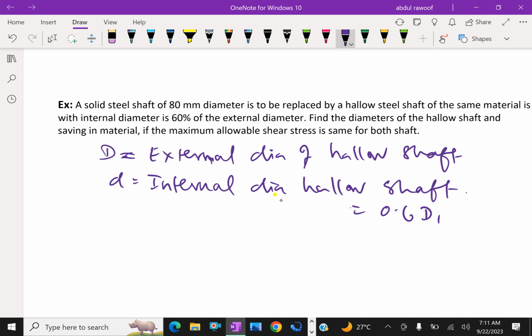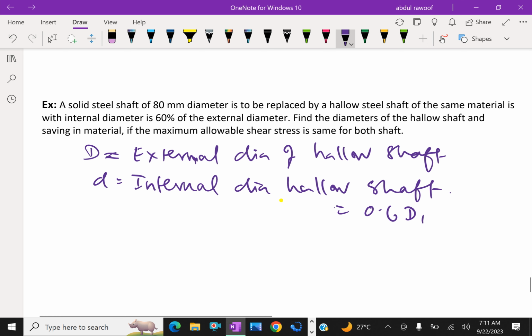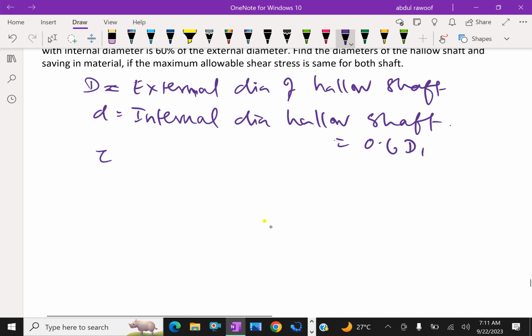That means 60% of the external diameter, as given. Now, tau is the shear stress developed in both shafts.